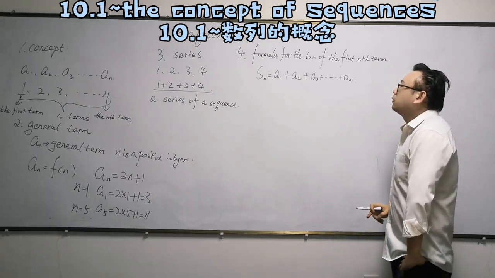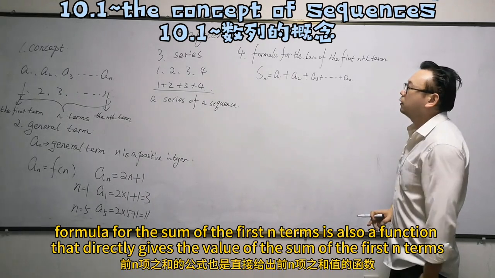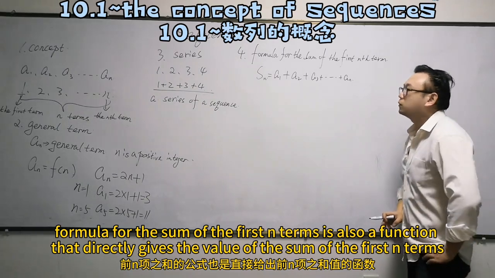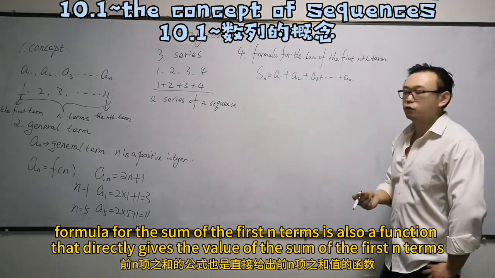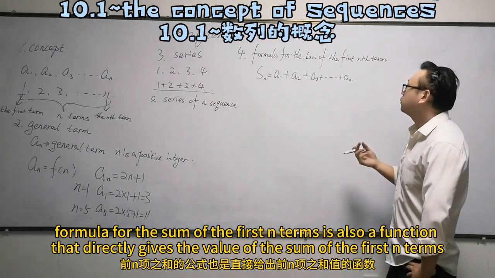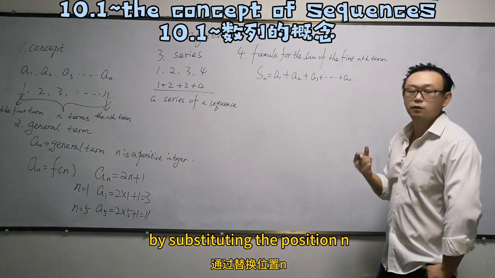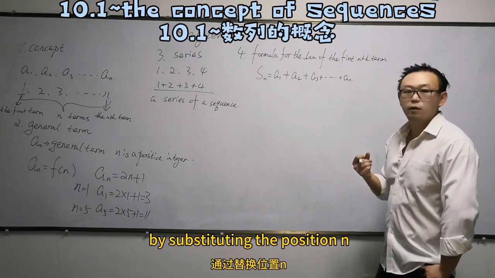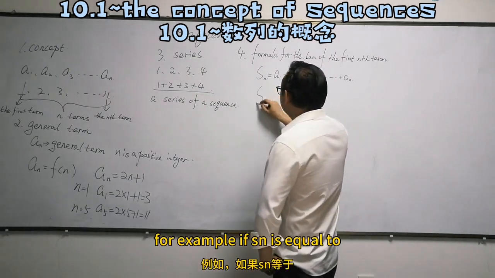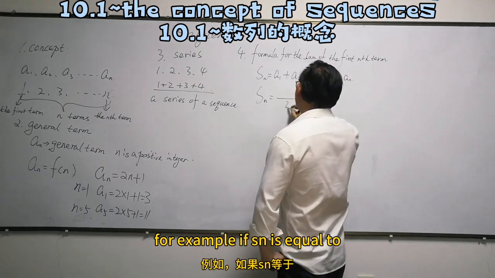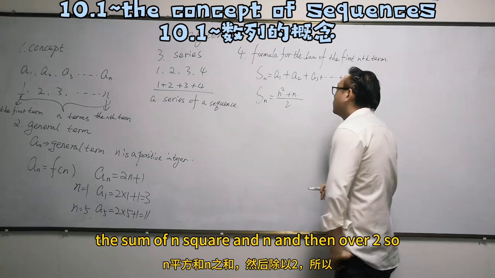And the formula for the sum of first nth term is also a function that directly gives the value of the sum of the first nth term by substituting the position number n. For example, if Sn is equal to the sum of n squared and n and then over 2.